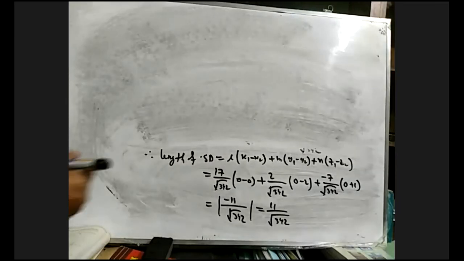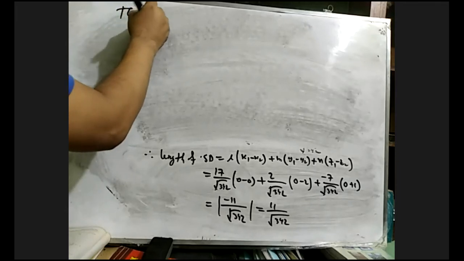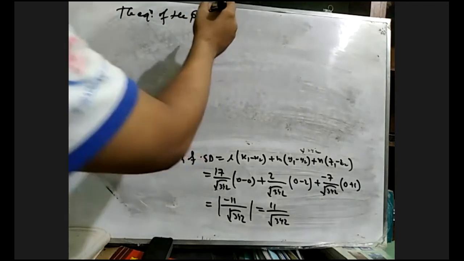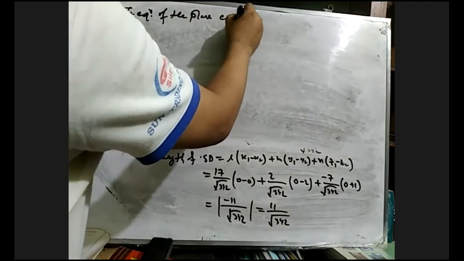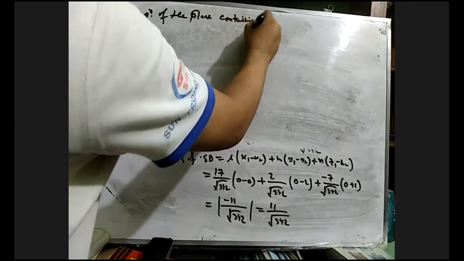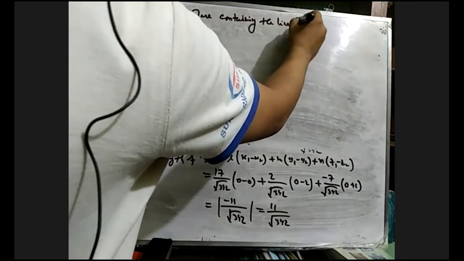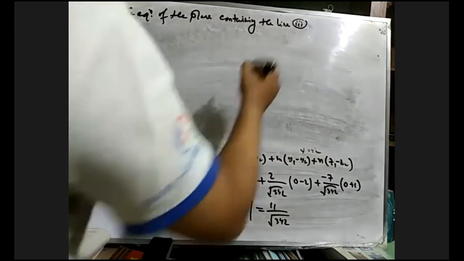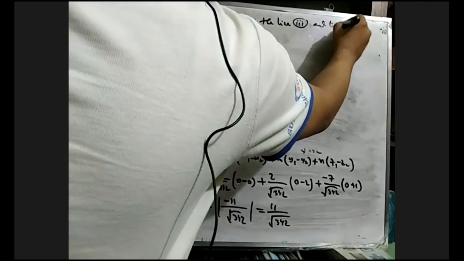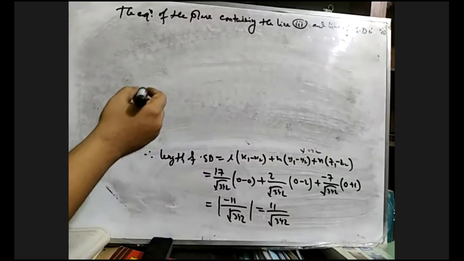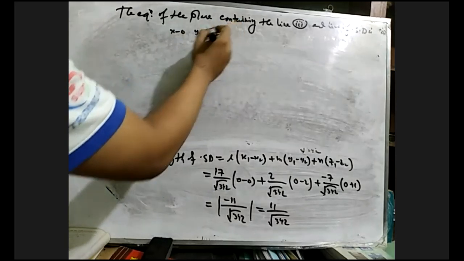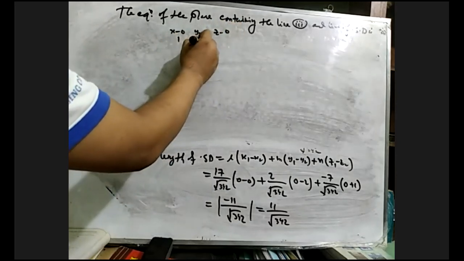Okay, now the equation of the plane containing line 3 and the line of shortest distance. From line 1, you must know x minus 0, y minus 0 and z minus 0, and direction ratios 1, 2, 3.